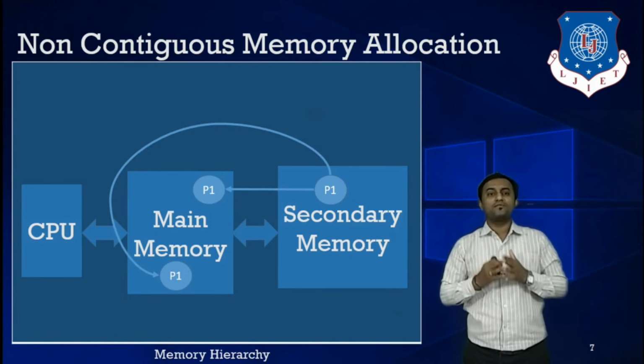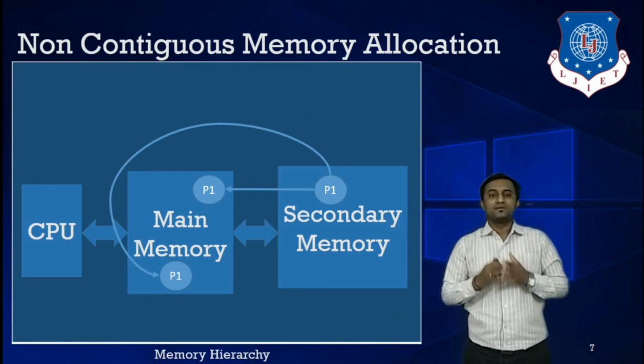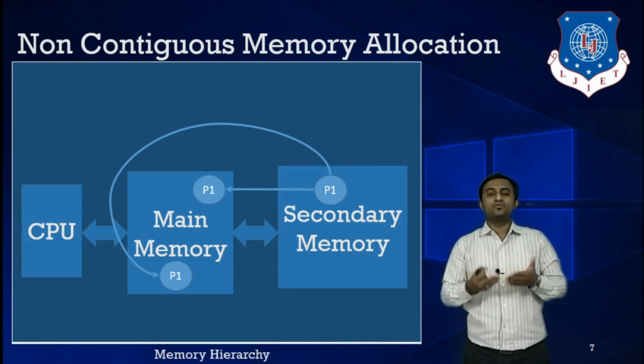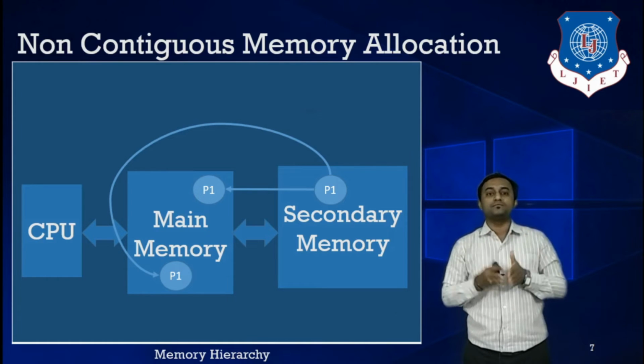In the case of this particular scenario, what is the difference? As I told you, in the contiguous fashion, the 10 KB of space should be there in main memory in contiguous fashion.